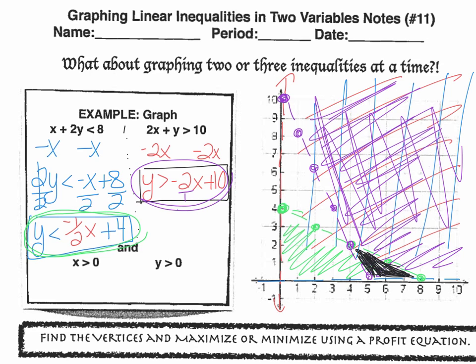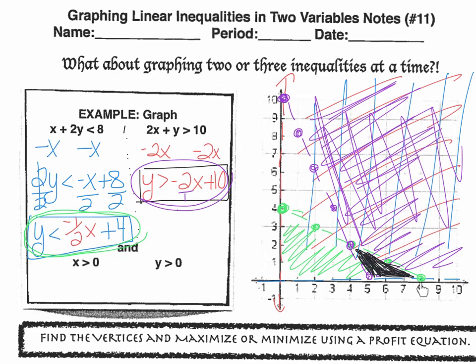If you remember from geometry, the vertices are sort of the end points, or the points where they come together. So this point right here, which happens to be 4, 2, that's going to be one of my vertices. That's one of the edges of this triangle. And then I come down here and I get the point 5, 0. So that's going to be a second vertex. And then I come down here and get the point 8, 0. And that will be my third vertex.